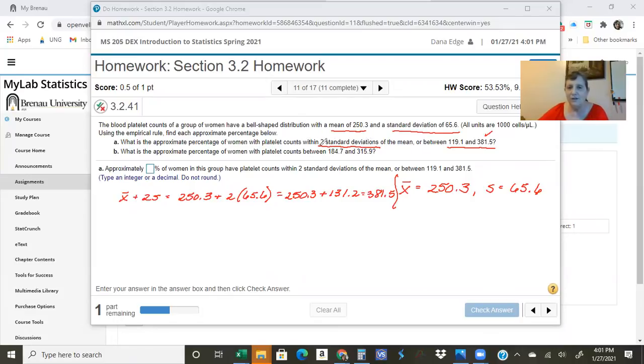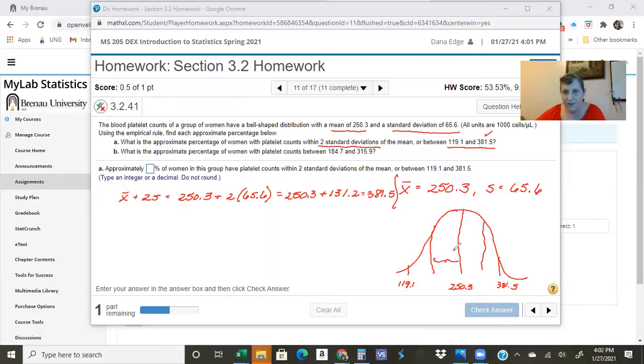We already know that if it's within 2 standard deviations, so here is the 250.3, 1 standard deviation, 2 standard deviations. This is 381.5. 1 standard deviation, 2 standard deviations. This is going to be 119.1.